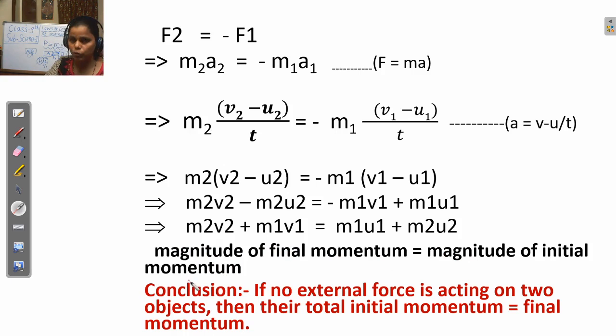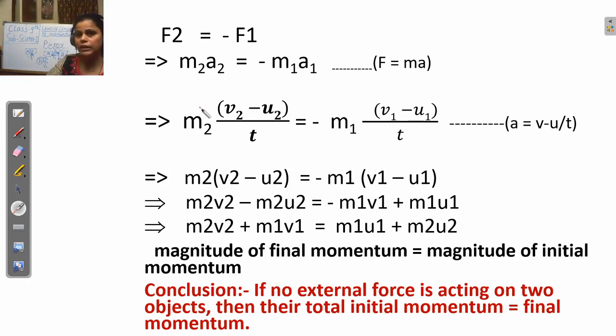So what do we conclude? If no external force acts on the two objects, then the law holds. If we apply any external force from any other direction, this law will change.